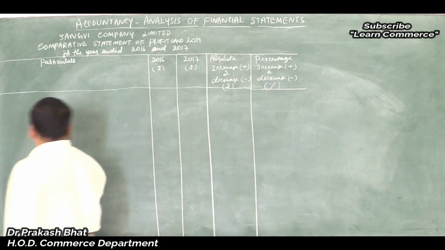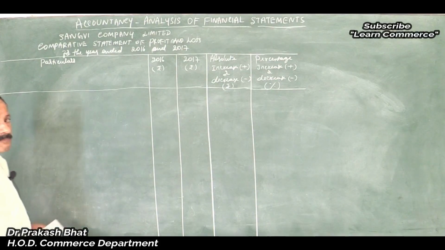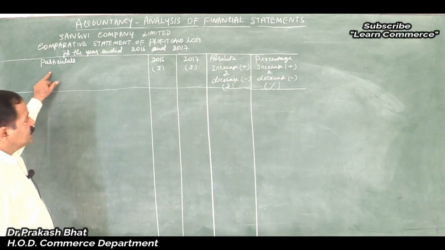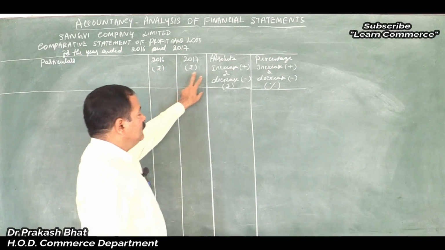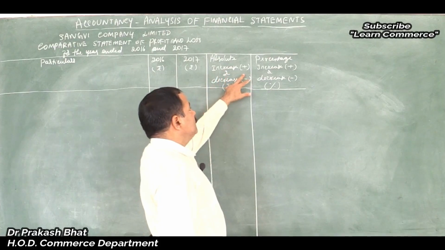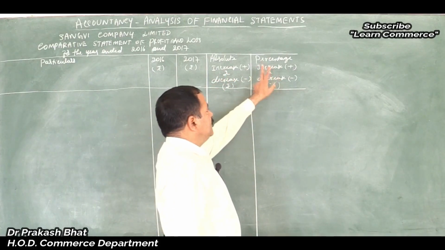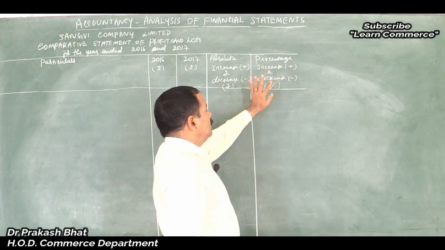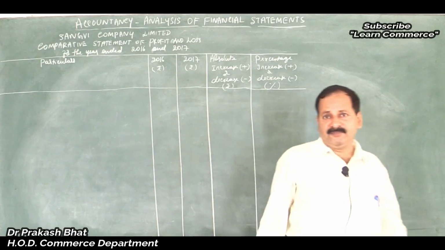Yes, draw the column like this. Over, I'll repeat: particulars, 2016 rupees, 2017 rupees, absolute increase plus or decrease minus rupees, percentage increase plus or decrease minus percentage. That's all.